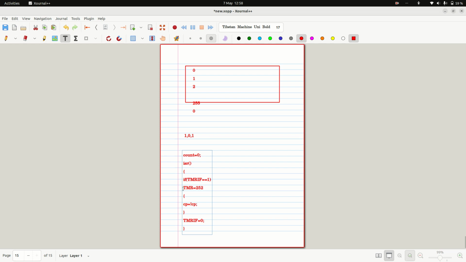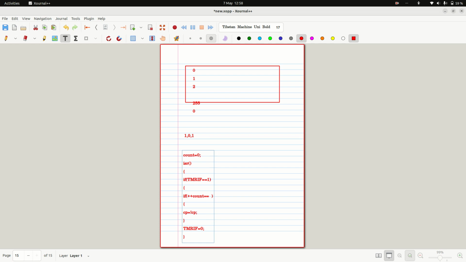Here I am going to write if plus plus count is equals to some value, which we need to consider.